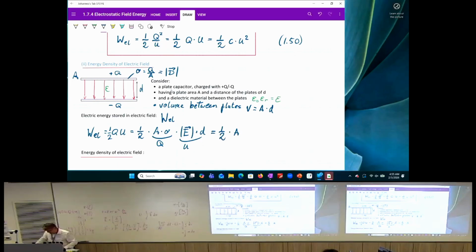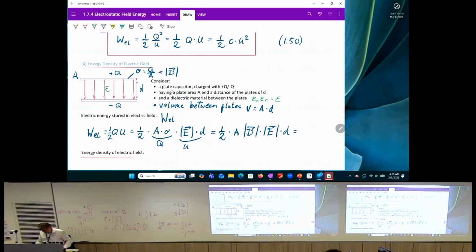The sigma, on the other hand, is given as the electric displacement field, or the electric flux density. Then we have this times the electric field times d.